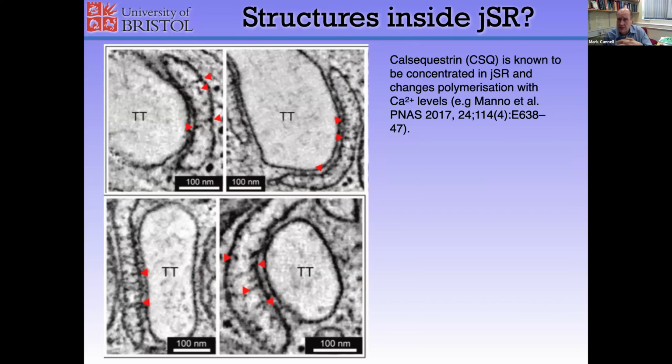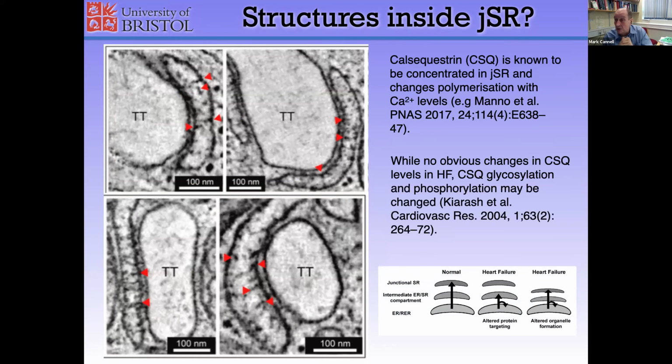And even more, inside the sarcoplasmic reticulum, now it's not a collapsed structure, we can even see electron densities that may be proteins. And we think this could be perhaps polymerized calsequestrin. Now, while calsequestrin isn't thought to be changed very much in heart failure, there is some evidence here cited by Karash et al. a couple of years ago that there may be changes in glycosylation and phosphorylation of calsequestrin that may affect the trafficking of calsequestrin and may affect the formation of these dyad structures.